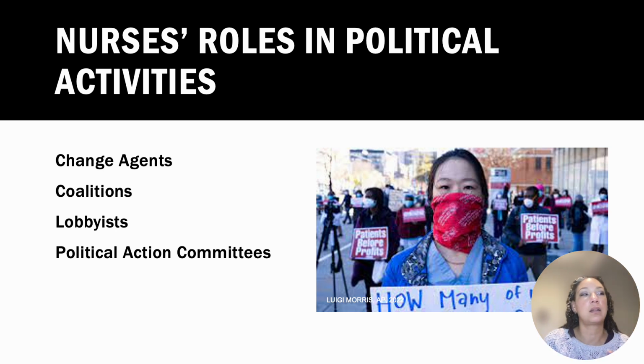Nurses, we are huge numbers, and we can really act as change agents in an individual and in a collective manner. So for the most part, when we're talking about the federal level, it is in the collective where we are the strongest. Coalitions, political action committees, most of your organizations have lobbyists. I don't know if you know this or not. The American Association of Nurse Practitioners, they have lobbyists.